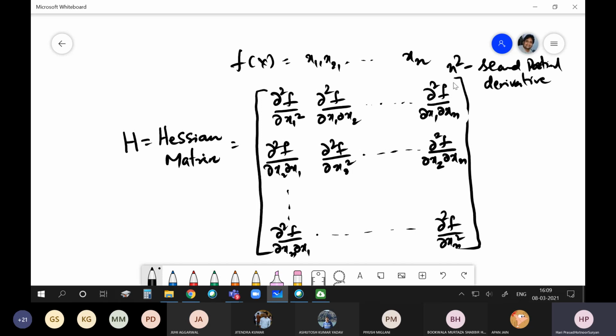Okay, so this is what we get as the Hessian matrix. The nature of the Hessian matrix will tell you whether we will have a local minima or local maxima. Any square matrix H, this is n by n.